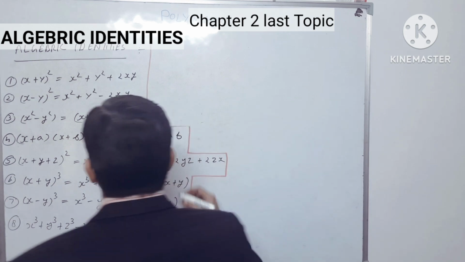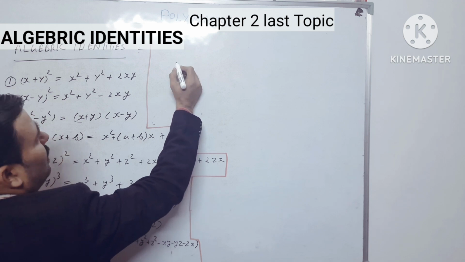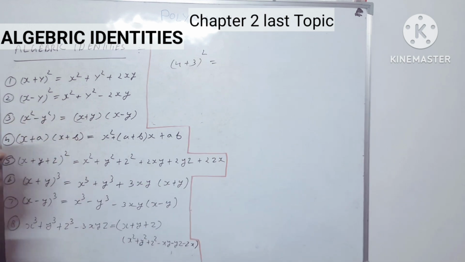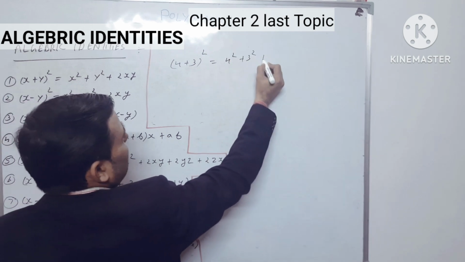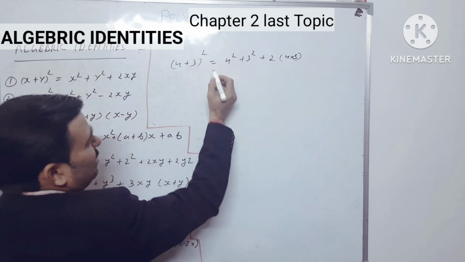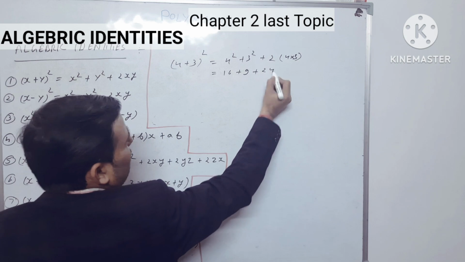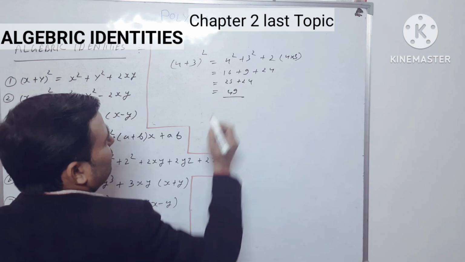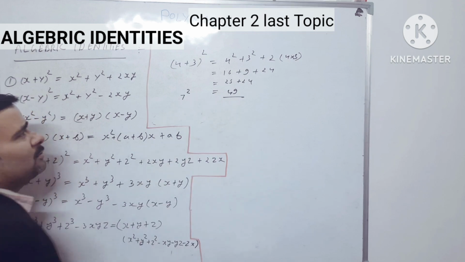Suppose we are given a value, like if we want to find (4 plus 3) whole square, then this can be written as 4 square plus 3 square plus 2 x 4 x 3, that is 16 plus 9 plus 24, which is 25 plus 24, and that will be 49. Here you can see that 7 square is equal to 49.